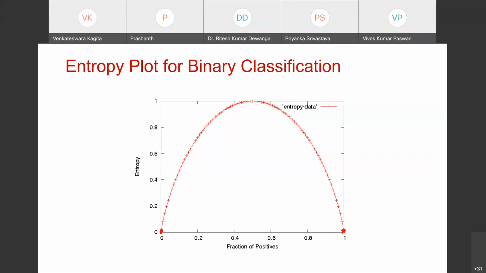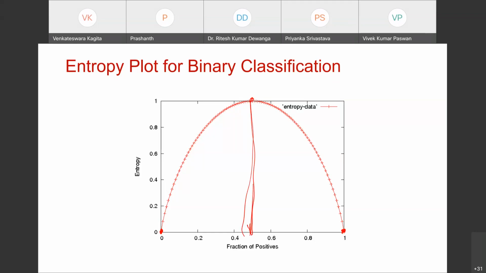The highest impurity is when instances are equally split, 50% to class 0 and 50% to class 1. Then you get the highest peak here, which is 1.